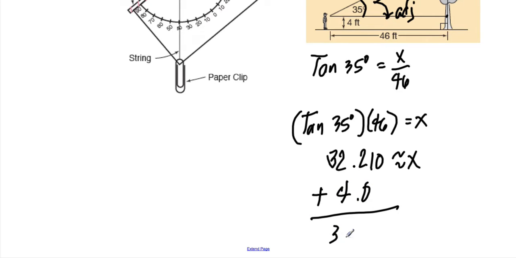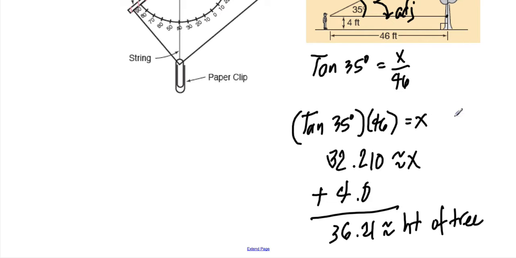And that will be the measure of the tree, or the height of the tree is approximately 36.21 from the ground. 36.21 is the approximate height of our tree. And that's how you use that hypsometer to be able to find the height of the tree.